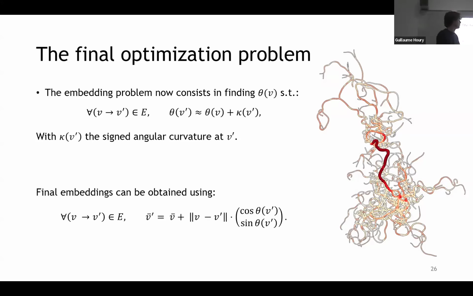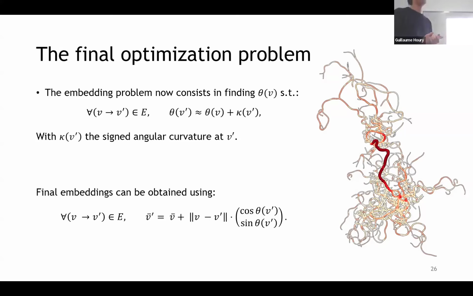And now, if we replace this approximation here by a strict equality, we obtain something like here on the right, that clearly contains too many intersections to be handled afterwards.